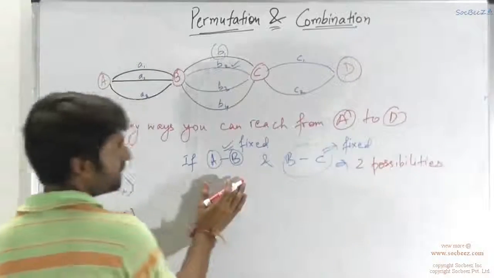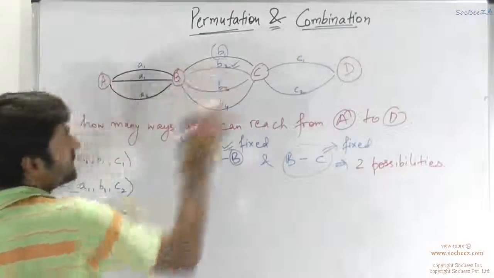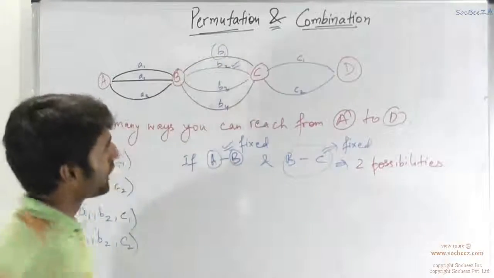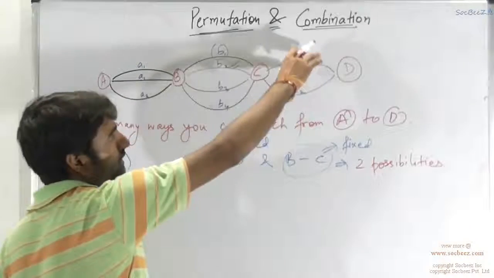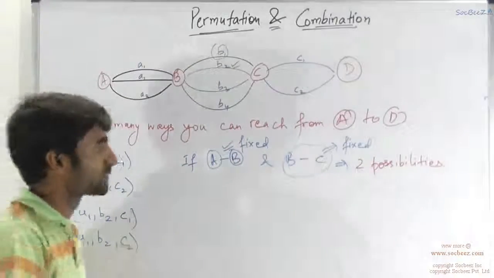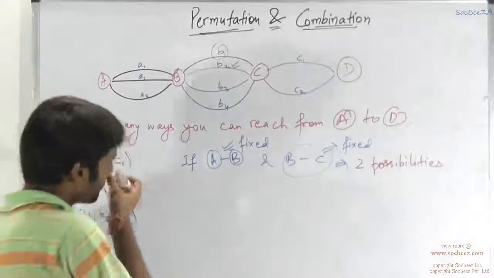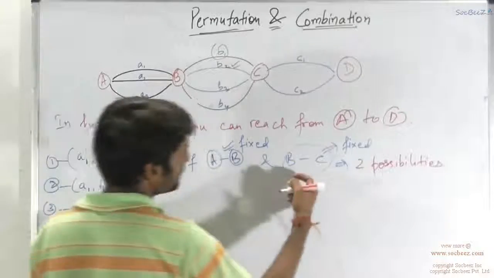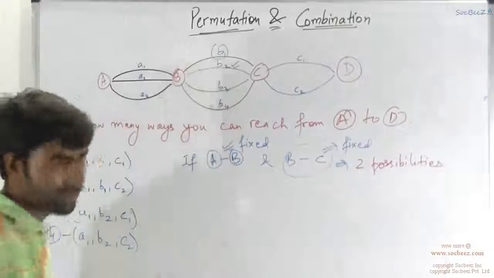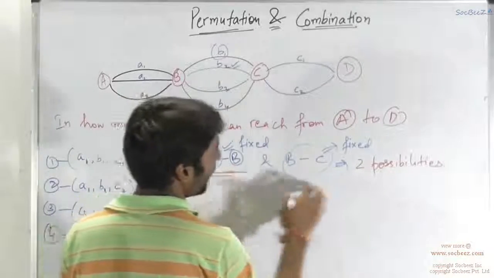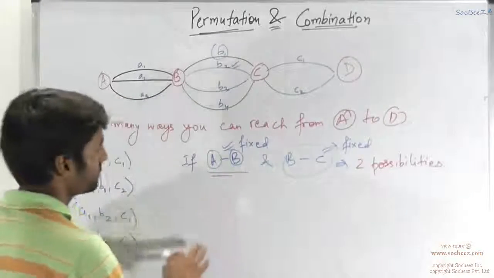Because by fixing these 2, you have reached C. At that point you have 2 choices: either the next path would contain C1 or C2. But in how many ways can you fix B to C? That is 4. For each of those 4, you have these 2 possibilities.